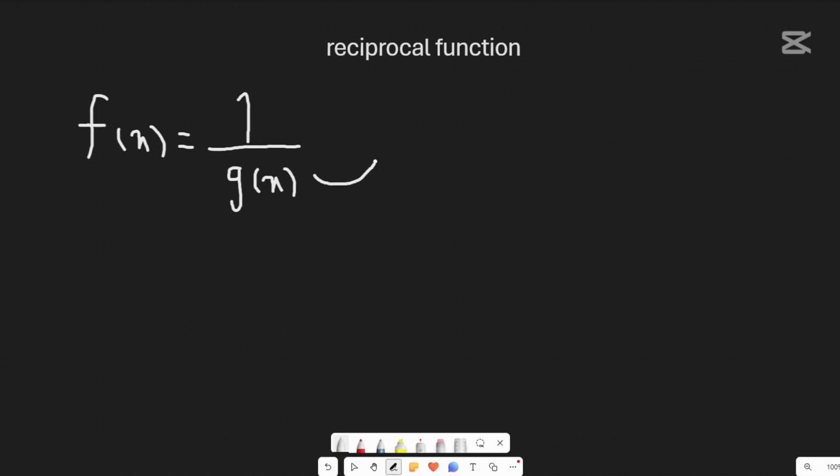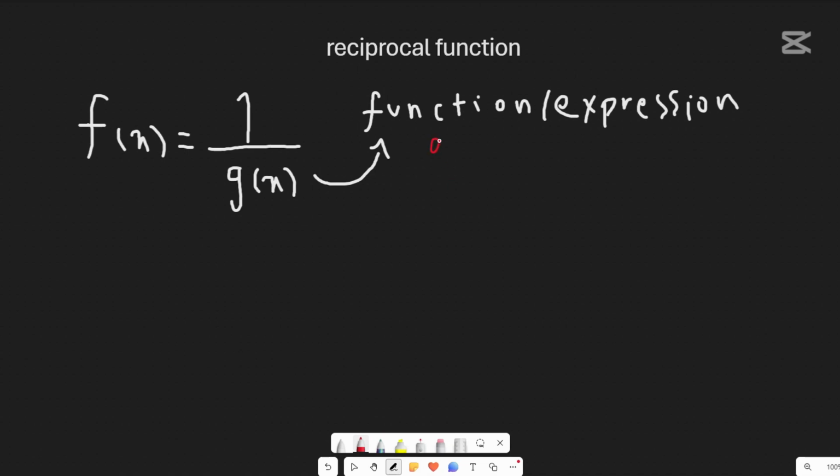So this one here is another function, or let's say an expression that could be anything involving x. For example, g(x) could be a simple function like x, or g(x) is x plus 1.